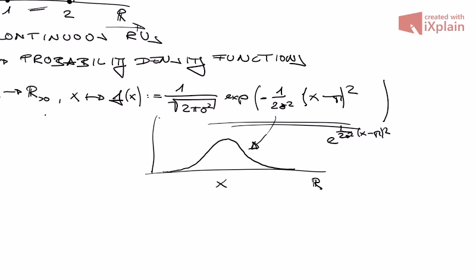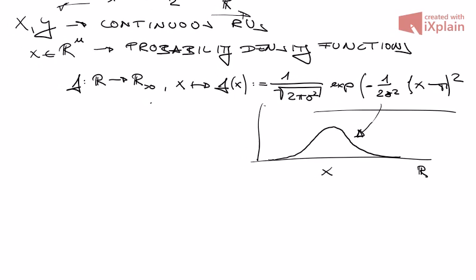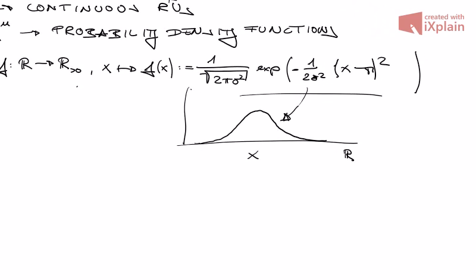Now, what does this bell-shaped curve tell you? And that's actually more the question. I'm telling you now, and that might be the new thing, that this is a probability density function. So what it assigns to values of x, which are now our random variable, is not a probability, but a probability density. Why is this important?